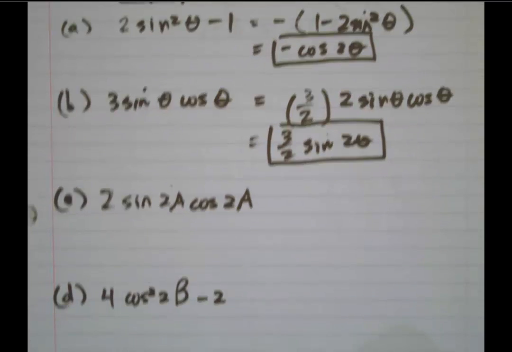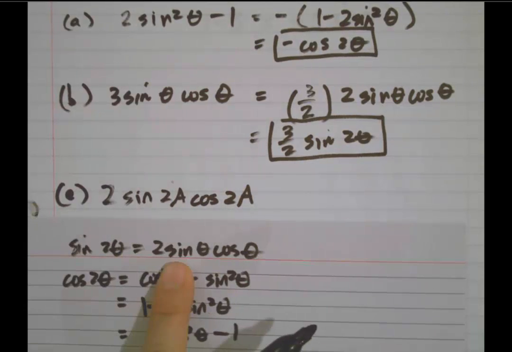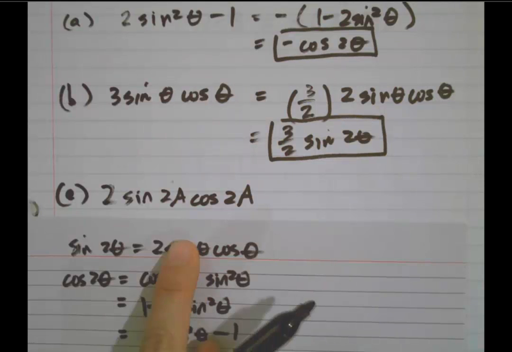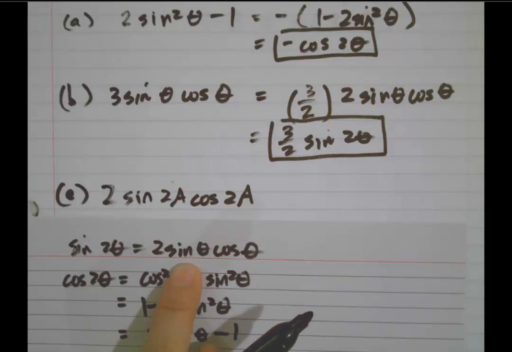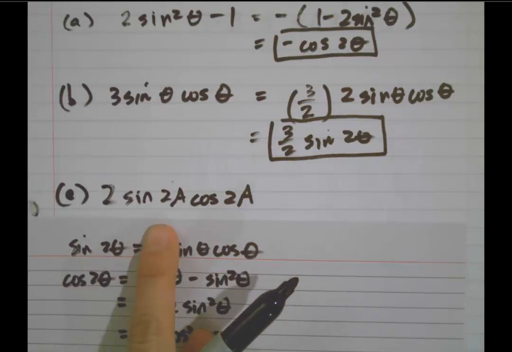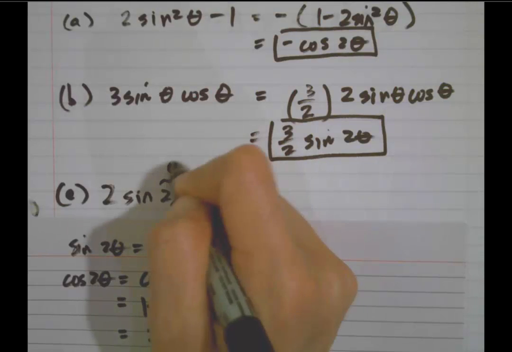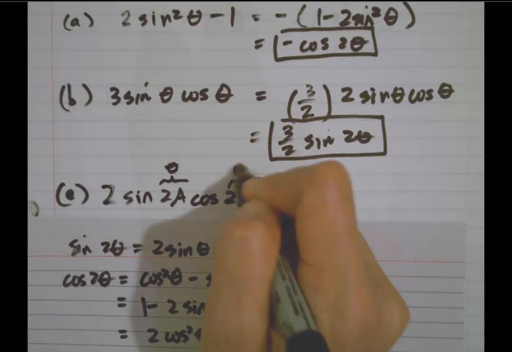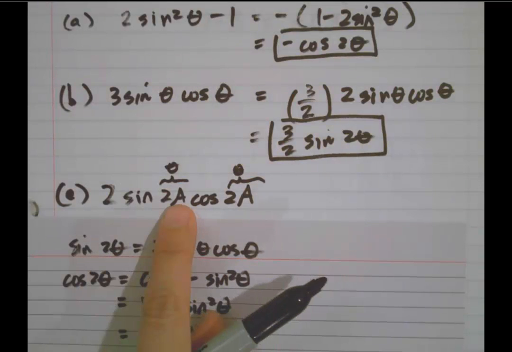All right, letter C, we have 2 sine of 2a cosine of 2a. Again, this looks very similar to this one right here, but in this case, theta is equal to 2a. So what is going to happen? Well, we're going to take the 2 sine theta cosine theta. This is kind of like my theta here. And I'm going to take the theta and multiply by 2, so I'm going to have to take the 2a and multiply by 2.